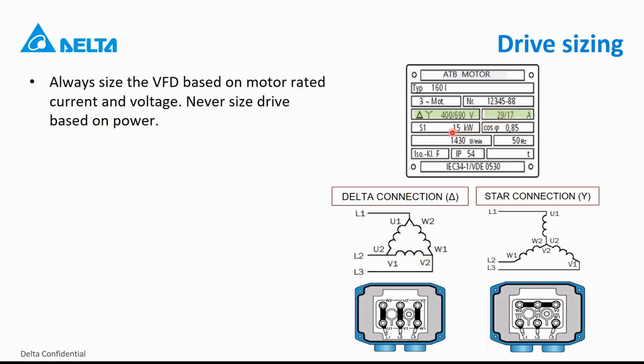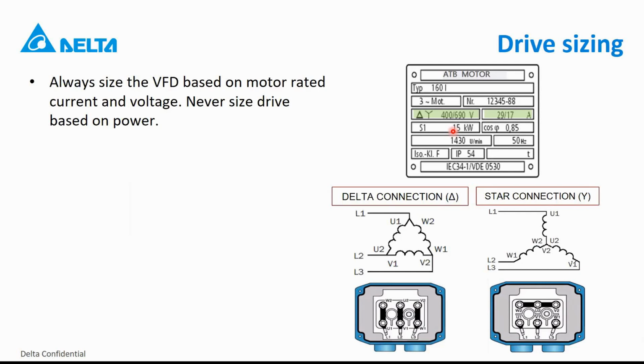You should not necessarily look at the power rating, because in many cases, it will still be okay if you size the drive based on power. But in some particular cases, it can go very wrong, especially if you are working with some older motors with really low efficiency, or if you are working with torque motors.